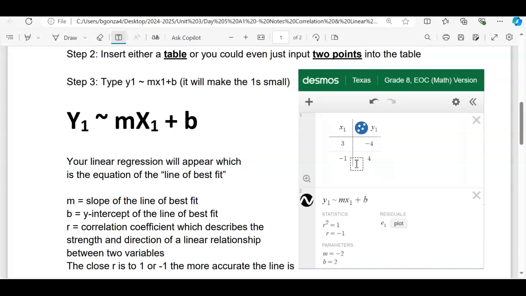Step 3 here is you're going to type this weird thing. Now, doesn't this look like slope-intercept form? It looks kind of like y equals mx plus b, right? So y equals mx plus b. But what's different about it is we got to add the ones, right?